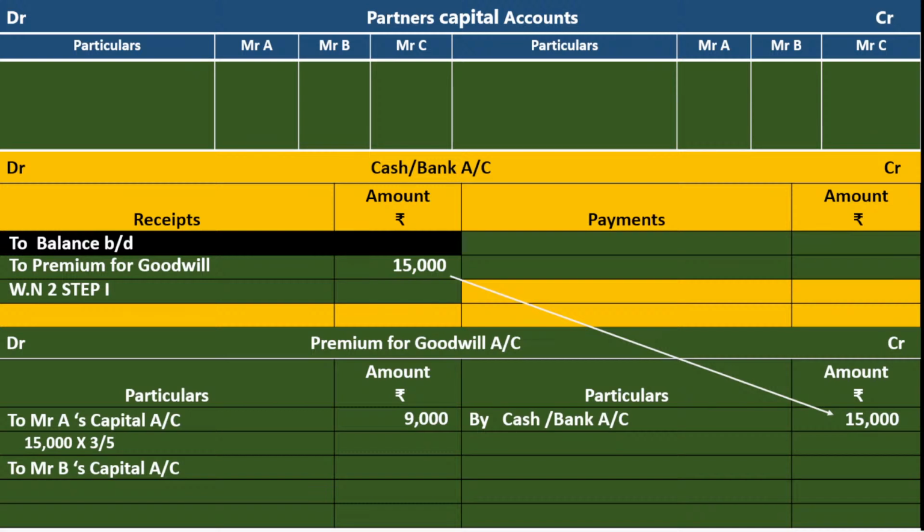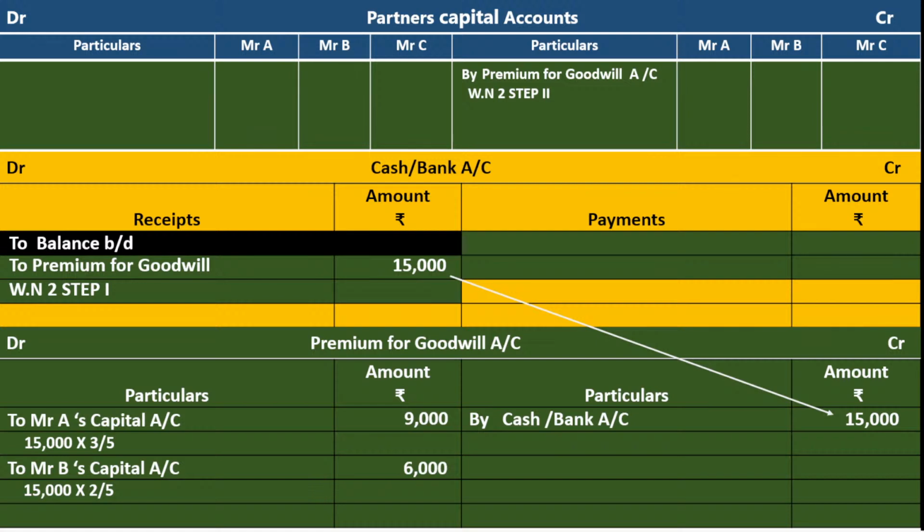To Mr. B's capital account, 15,000 into 2 by 5 sacrifice ratio, 6,000. Now we have written on the debit side of the premium for goodwill account. Next we have to write on the partner's capital account credit side. Mr. A's capital account is credited by premium for goodwill account.